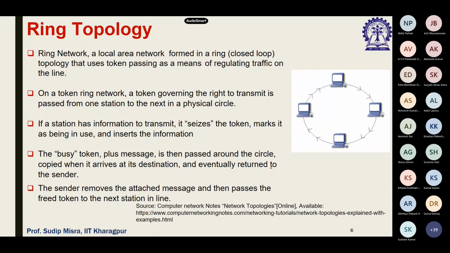So let us say that this computer wants to send some data to this particular computer. The token is going to be passed. You see that these arrows are shown over here, which shows that it is unidirectional. The passing of the data, the token, all of these are unidirectional.